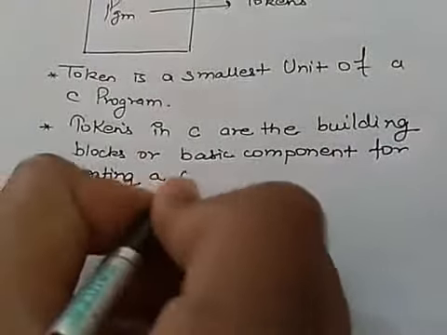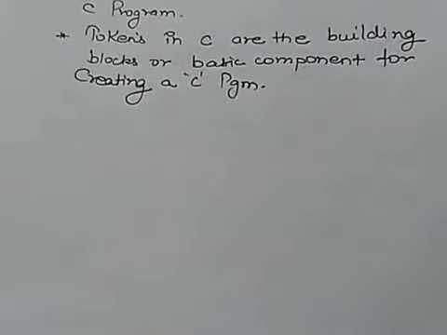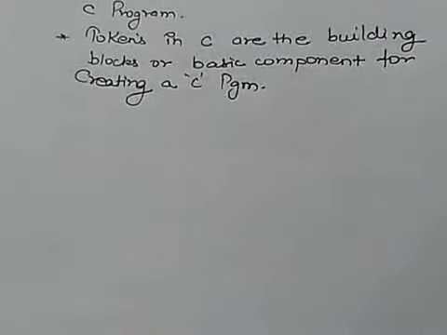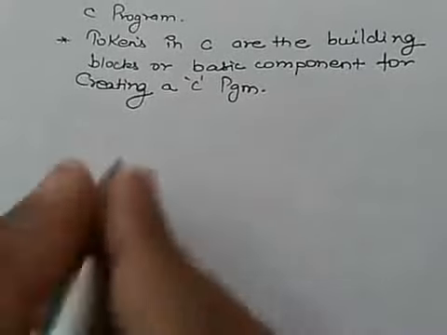Now, in C language, we have 6 categories of tokens.